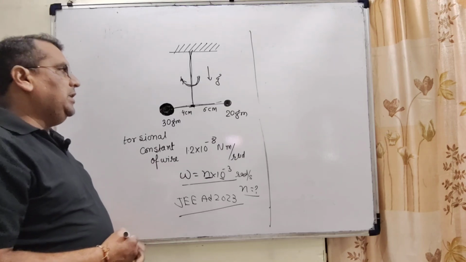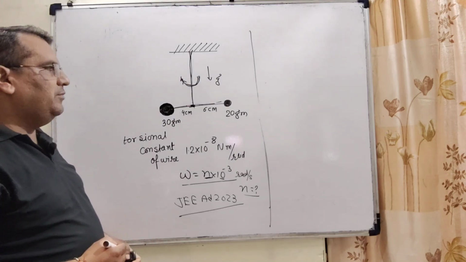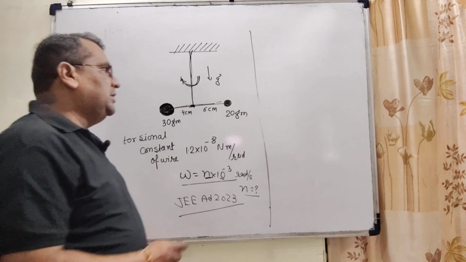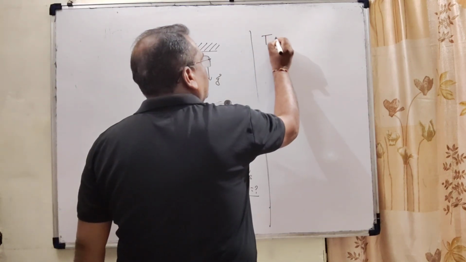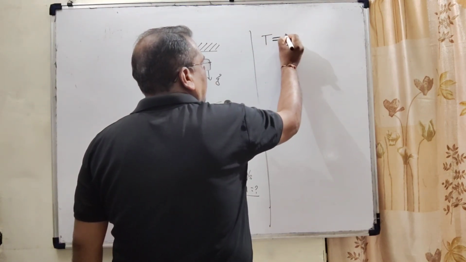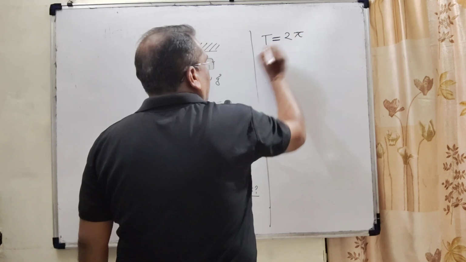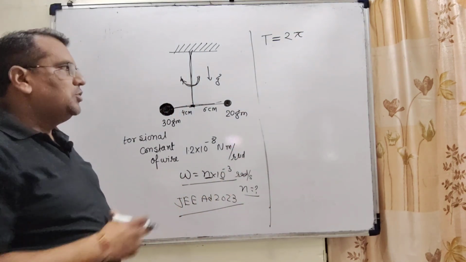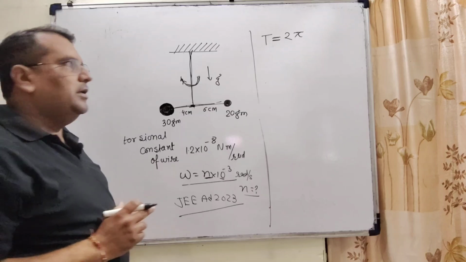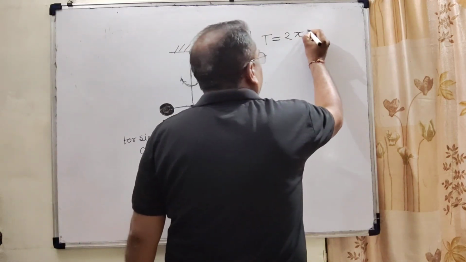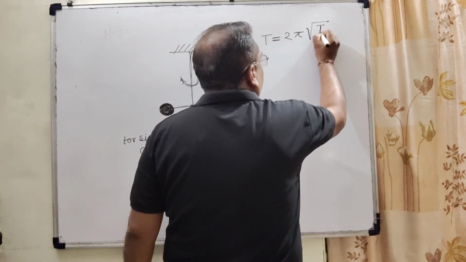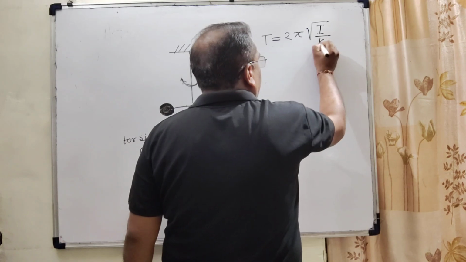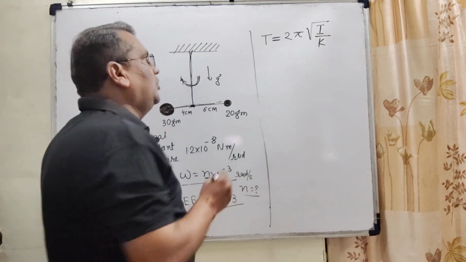First, we have to know which formula to use for this system. Firstly, we have to calculate the time period, because omega = 2π/T. The time period is T = 2π√(I/K).